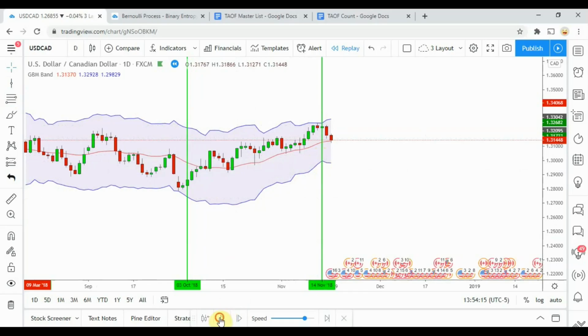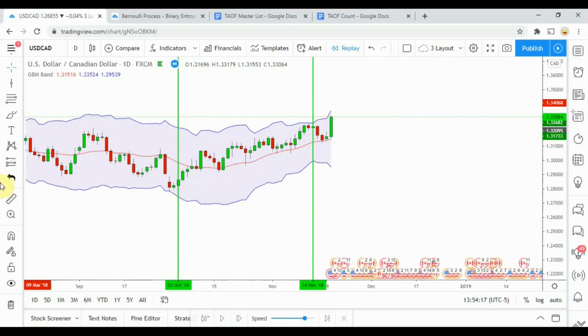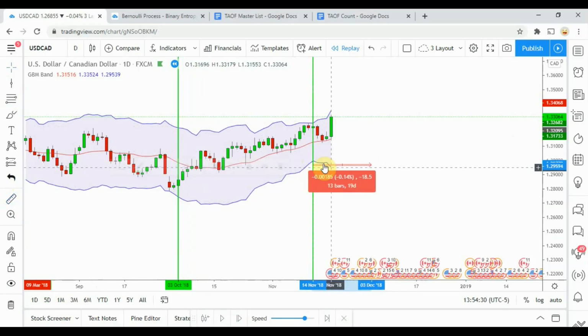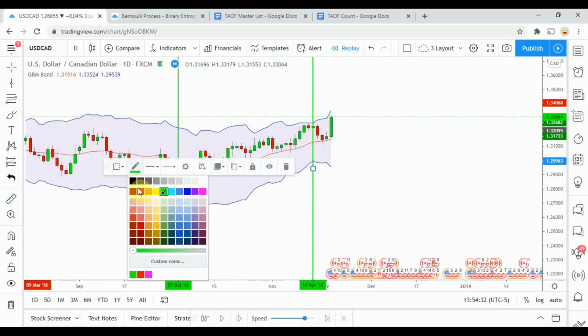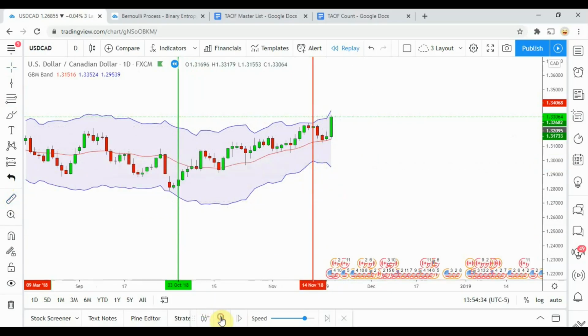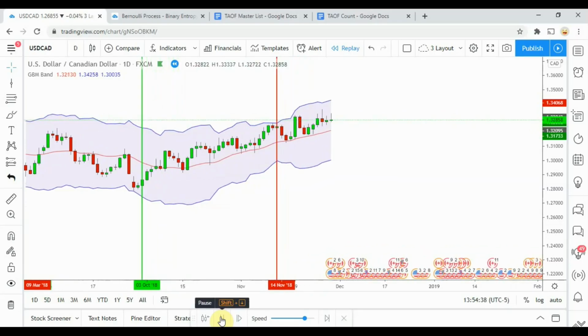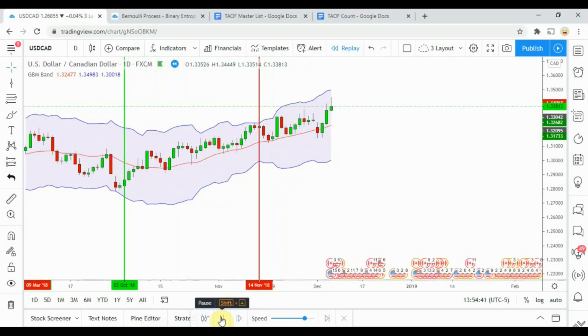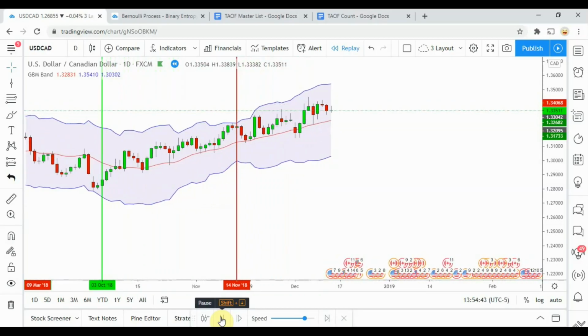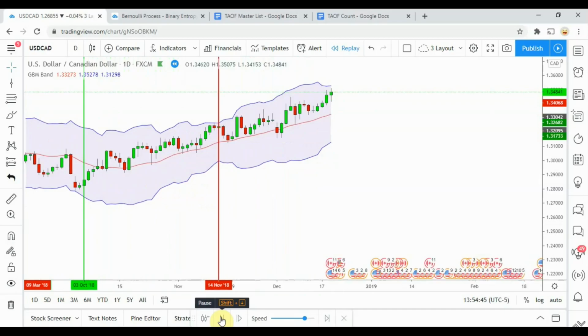Looks like we get ourselves to, well, would have been this one here. So that one, unfortunately, would have stopped us out. We don't get a touch of the upper band. This backside here, we're now in December, playing it out.